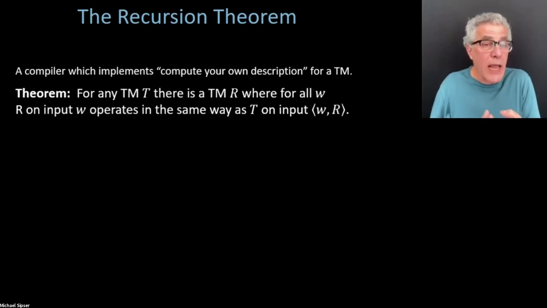But otherwise, it's going to act exactly like T. So R is going to act exactly like T, except R is provided a copy of R. That's what the theorem shows you how to implement.